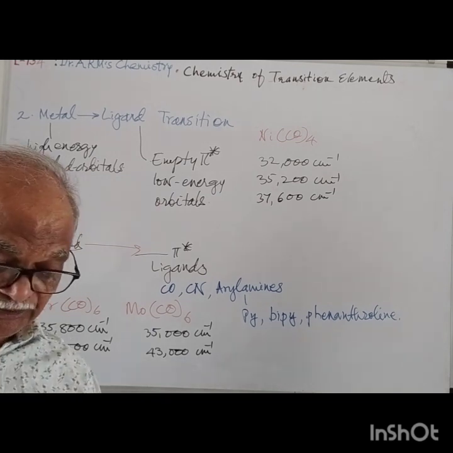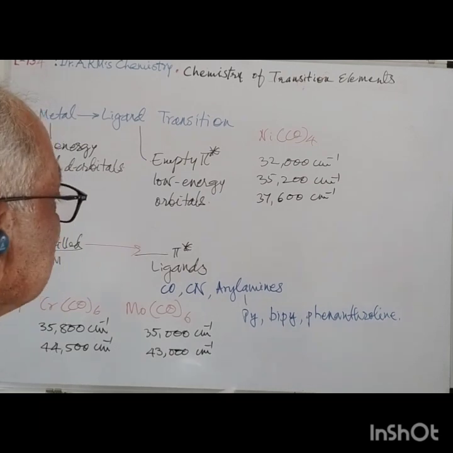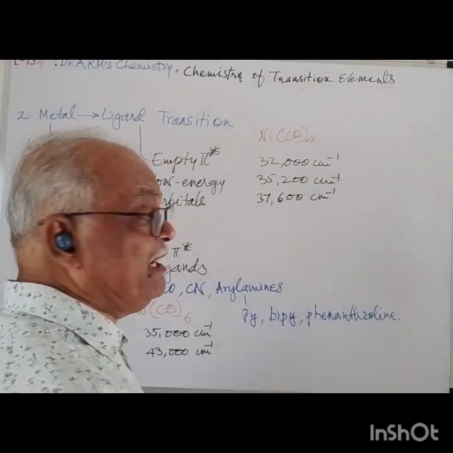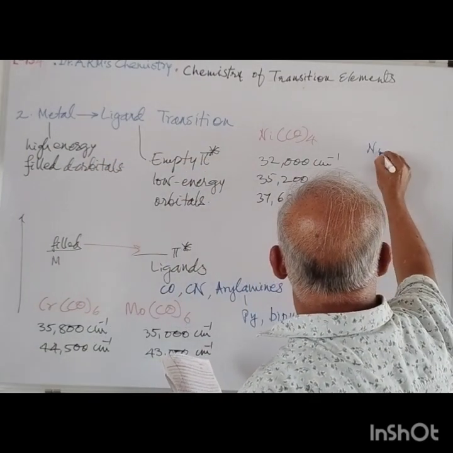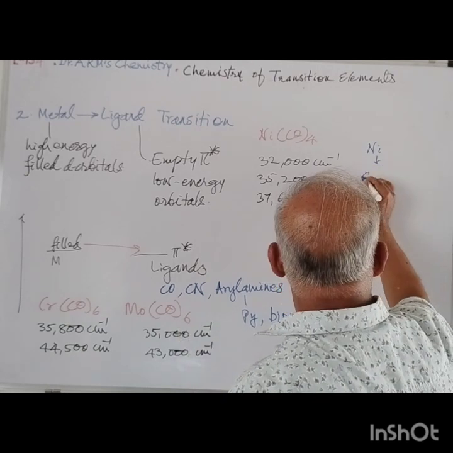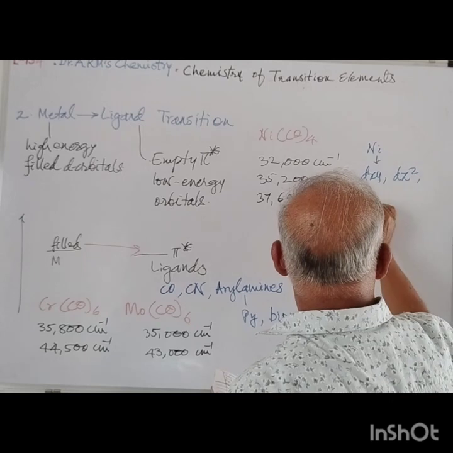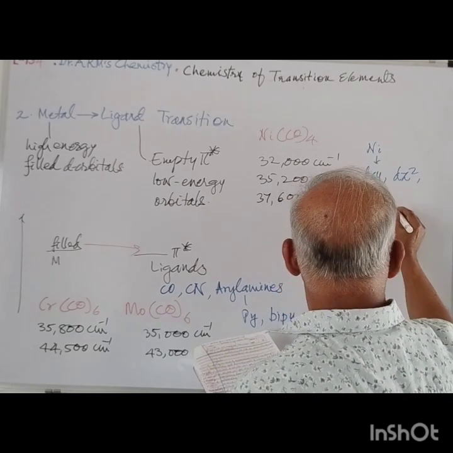Here three types of filled orbitals of metal nickel are involved. In nickel we have these orbitals, that is dxy, dz2, dzx and dyz.